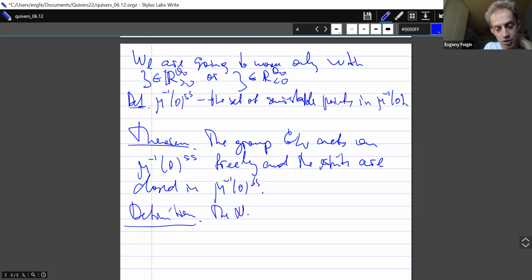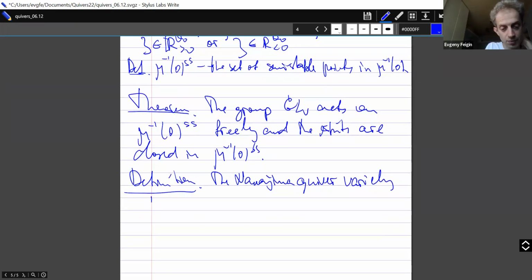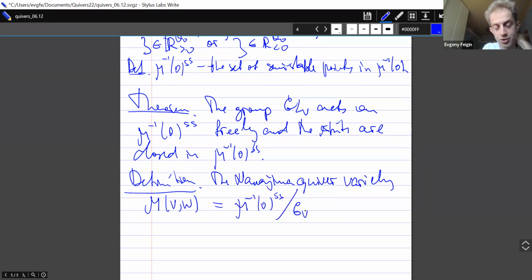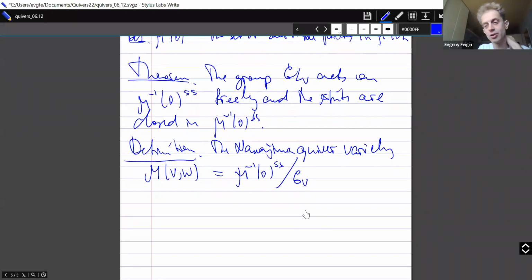Now the definition, the main one. The Nakajima quiver variety M(V,W) is by definition mu inverse 0 semi-stable modulo the group G. This is the definition, and of course we have to work out some examples to see whether it makes sense and what we are talking about.